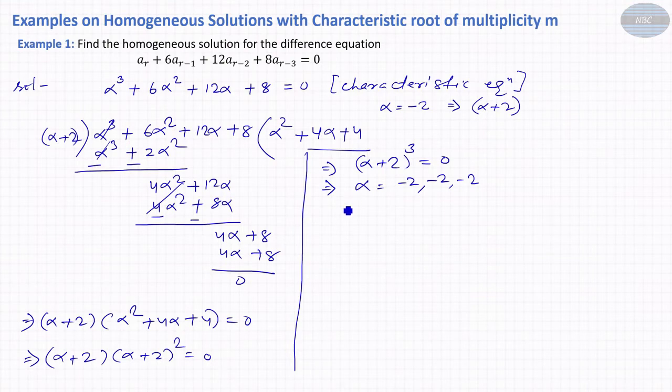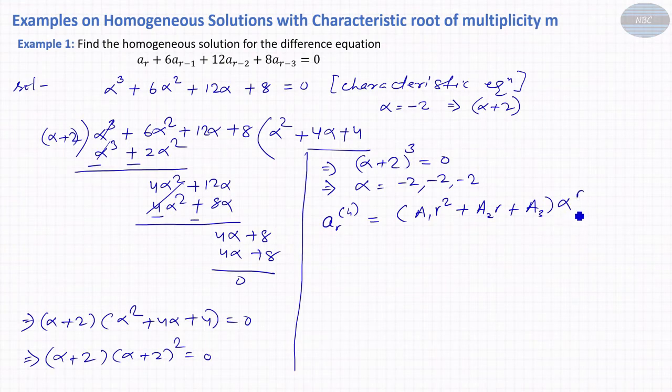Now since alpha is the characteristic root of multiplicity 3, the homogeneous solution can be written as a_r^h is equal to (A1 r square plus A2 r plus A3) alpha to the power r.